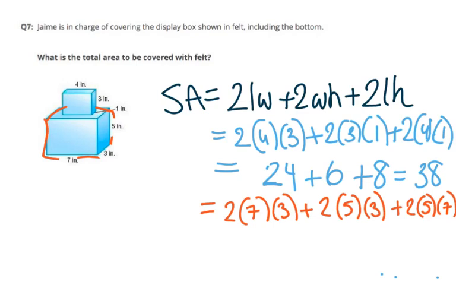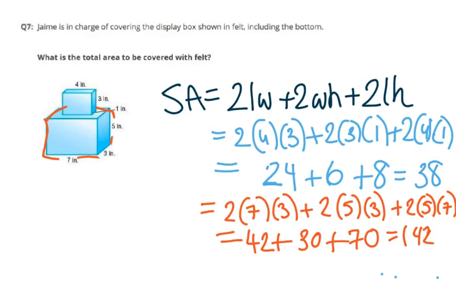And when we work this out, 2 times 3 is 6, 6 times 7 is 42, 2 times 5 is 10, times 3 is 30, and 2 times 5 times 7 is 70. So altogether, this equals 142 inches squared.